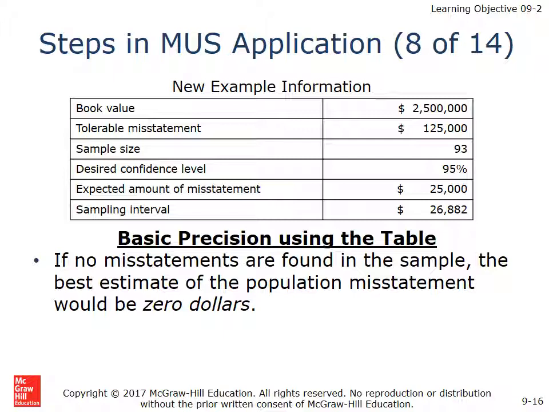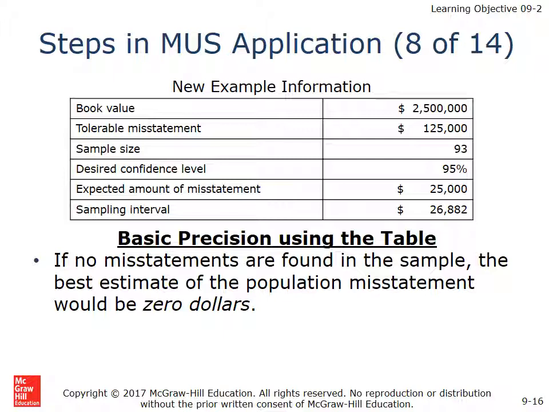What we need to determine first is basic precision, and that's discussed on the bottom of page 310. The allowance for sampling risk when no misstatements are observed is referred to as basic precision, and you'll use a table to determine that.